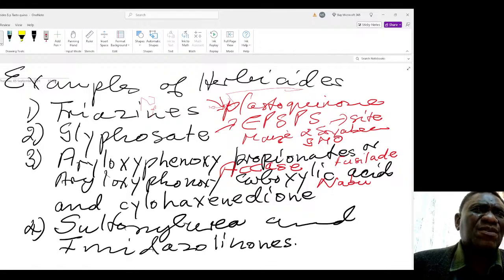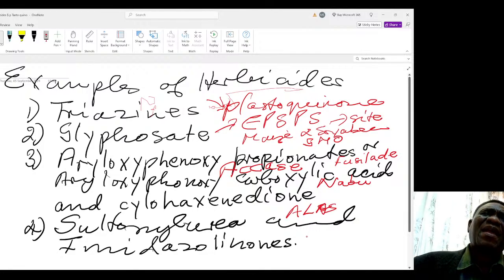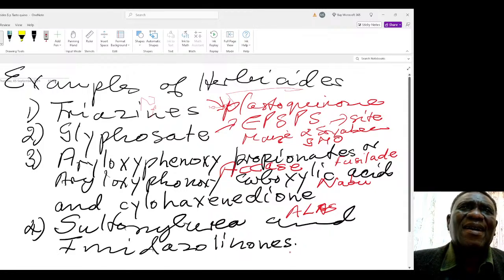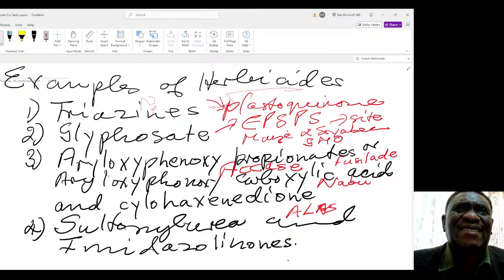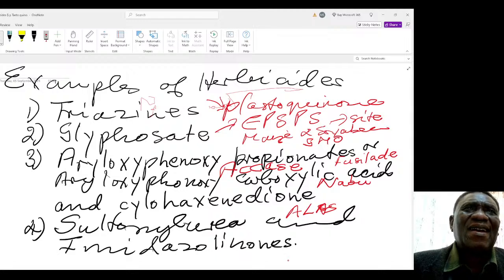Now, if we come to sulfonylurea and imidazolinones, I think they have this enzyme acetolactate synthase enzyme.